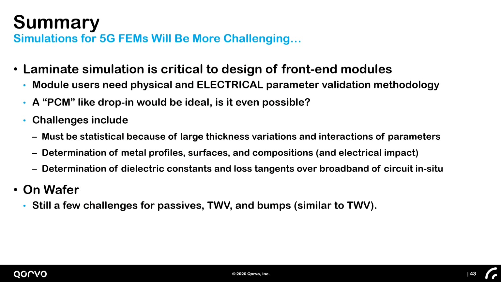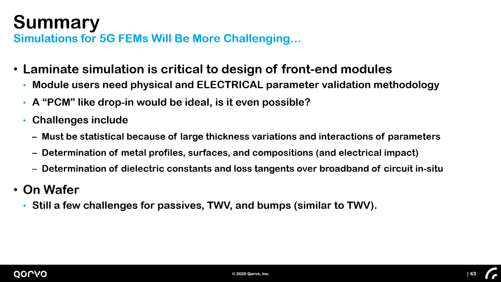So, laminate simulation is really important. Module users or designers need physical and electrical information about what's going on, and a validation methodology would be great. A PCM like a drop-man would be fantastic if it's even possible to get something that will work that well.